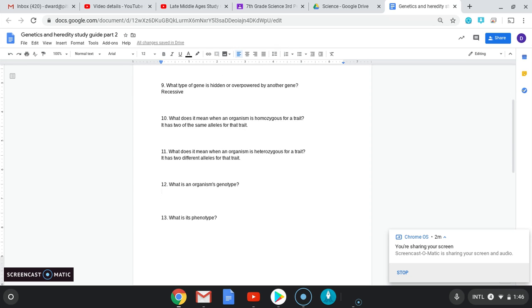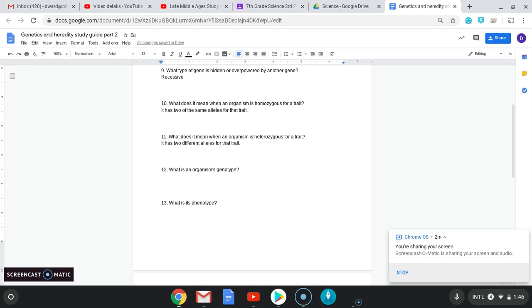What is an organism's genotype for number 12? Okay, so that is basically the alleles that organism has for that gene.